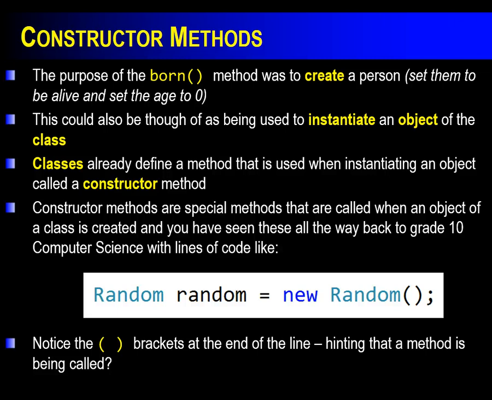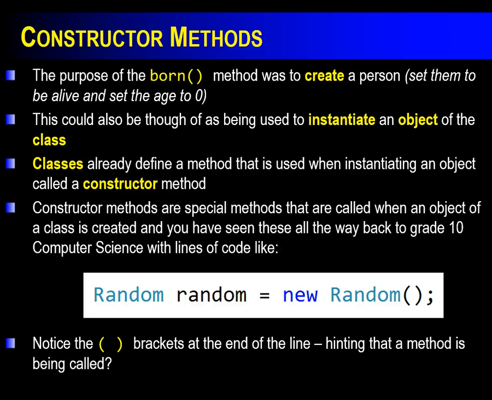And you've actually seen code like this before, especially Alex, you who took my grade 10 course. You may remember code like this: Random random = new Random(). This is interesting because Random is the class. This version of random is the object. But over here, you're seeing that thing again, but with round brackets.